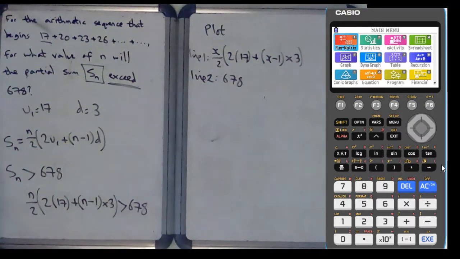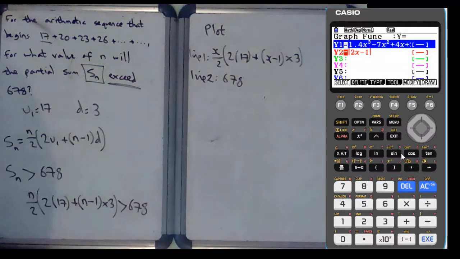So we go to the calculator, I'm going to go to graph mode, and I've got two functions in there from previous bits. I'm going to get rid of those, delete the formula and delete the other one too.